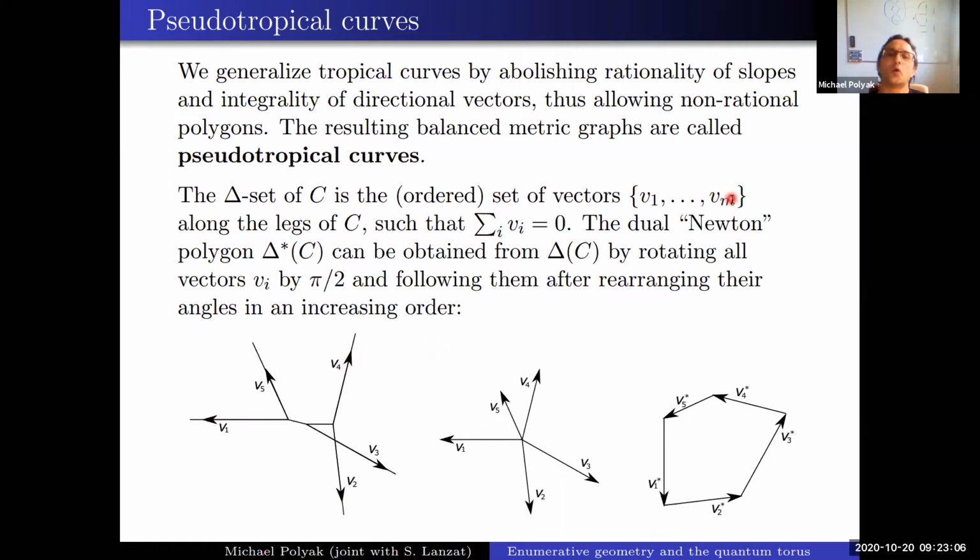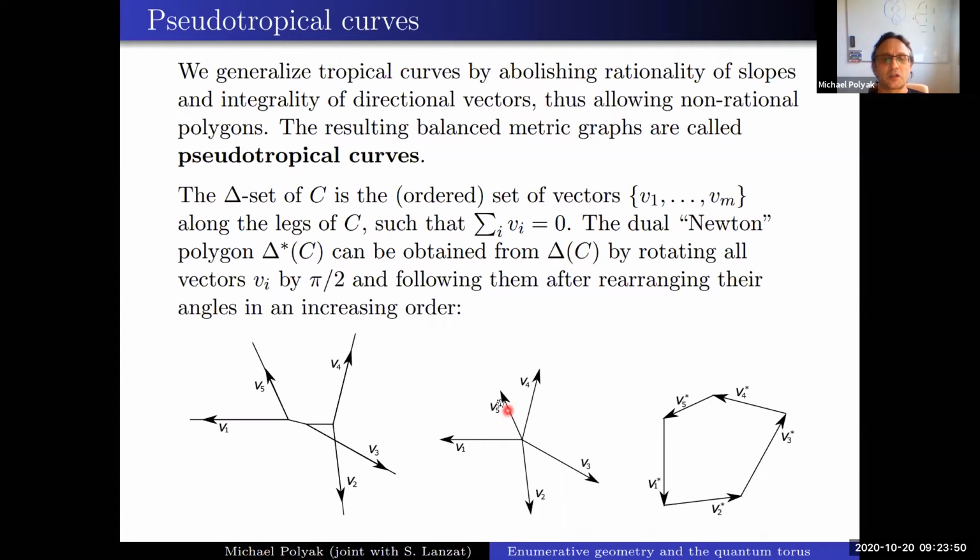They're not integer anymore. They just go in the direction of these legs. The only condition which we need is that they sum up to 0 when you sum over all legs of your graph. Apart from that, the whole picture of the pseudotropical curves looks exactly like the tropical curve, except for the removal of restriction on directions and integrality of all these vectors. So if you wish, this kind of Newton polygon can be obtained from the set of all these vectors by a simple operation.